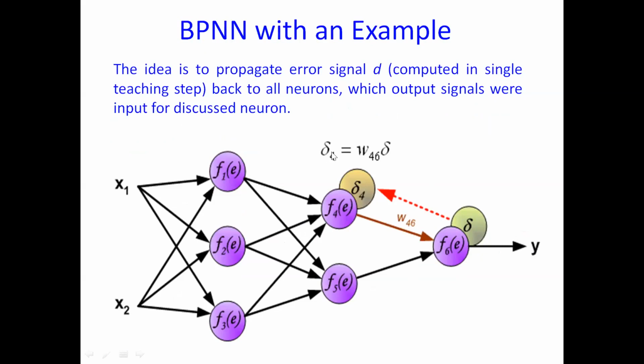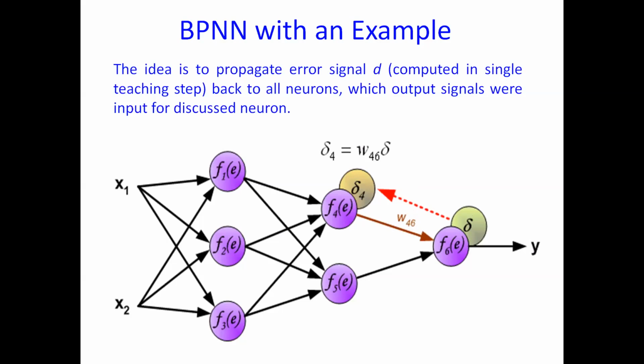And we can see that now this del 4 is, if this is the weight associated with the connection, then this weight must be multiplied by the del. So this will be the del 4.